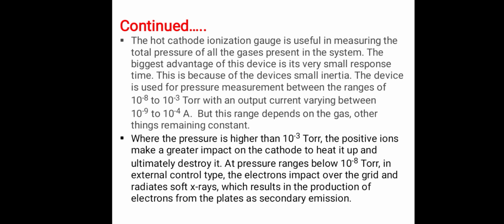Where the pressure is higher than 10 to the power minus 3 torr, the positive ions make a greater impact on the cathode, heat it up and ultimately destroy it. At pressure ranges below 10 to the power minus 8 torr in the external control type, the electrons impact the grid and radiate soft X-rays, which results in the production of electrons from the plates, a secondary emission.